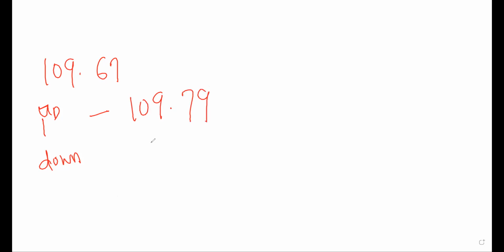A 12 pip move to the downside, 67 minus 12, that will be what? 55. There's nothing wrong if you use a calculator. There's nobody that's going to arrest you for using a calculator. But I just want to show you how to do it, live. A 10 pip move, for instance, is going to be 77 to the upside.